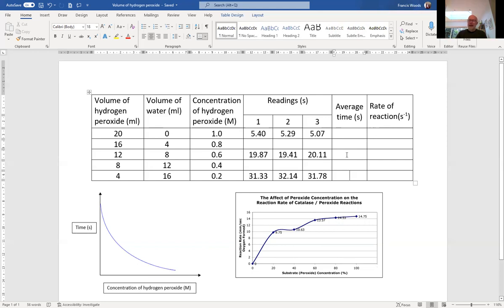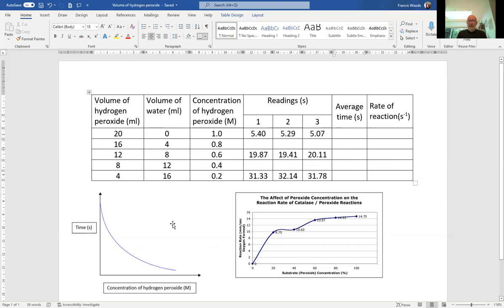This shows that the reaction is getting quicker. If I compare the same concentrations for the rate of reaction, the rate of reaction was so many per second at 0.2 and so many per second at 0.6. This shows the rate of the reaction is increasing.